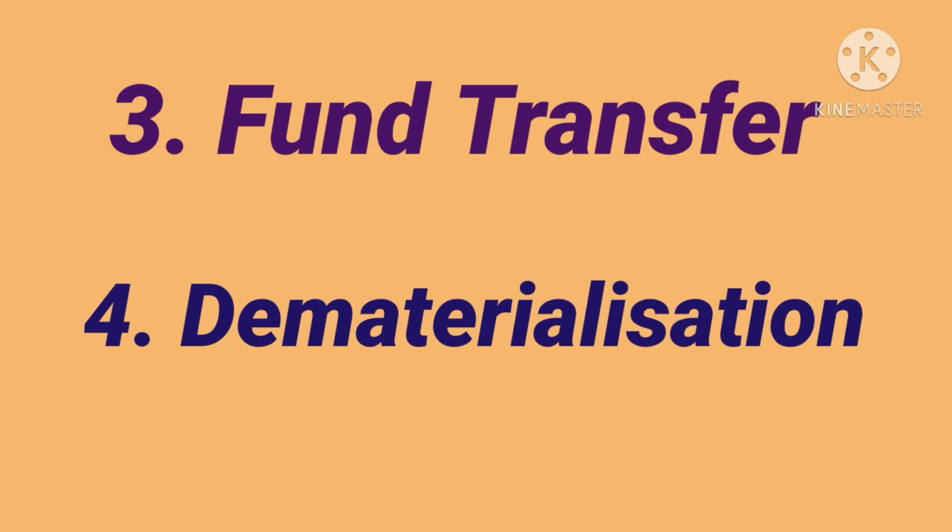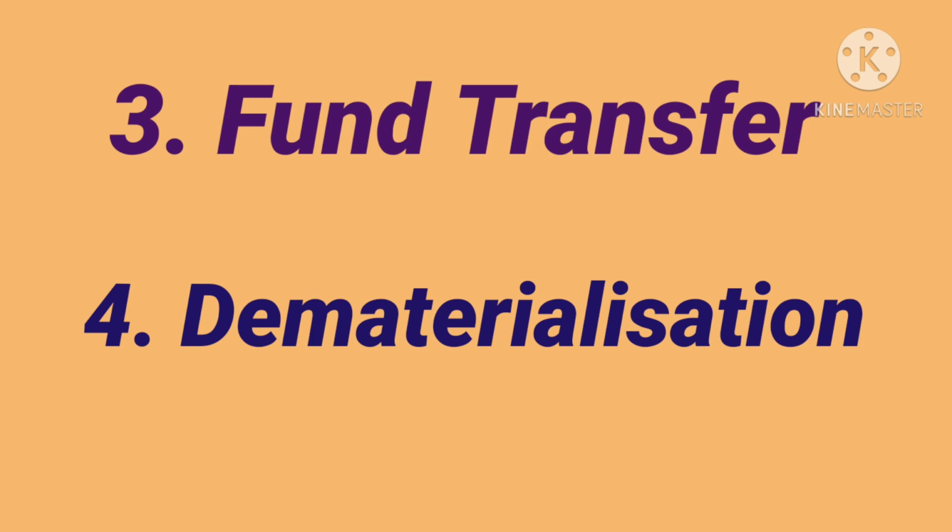Next, the third point, fund transfer. Commercial banks undertake various initiatives to make fund transfer free. They provide the facility of transferring funds from one branch to another branch as well as another bank.